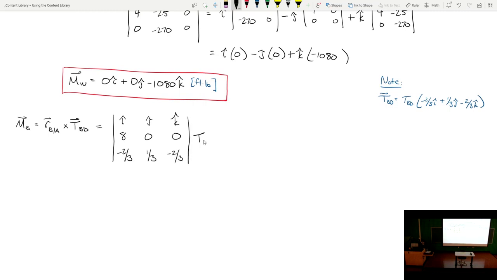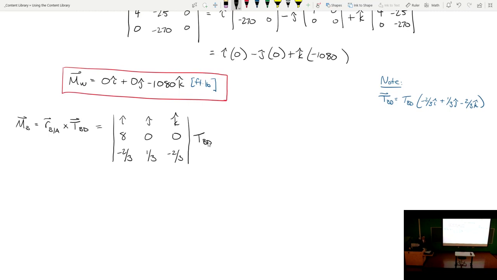But don't forget, I need to include that magnitude. That is an easy mistake to make on problems, that you are going through the process of doing the cross product and you forget the fact that that magnitude is still there. But don't forget that.